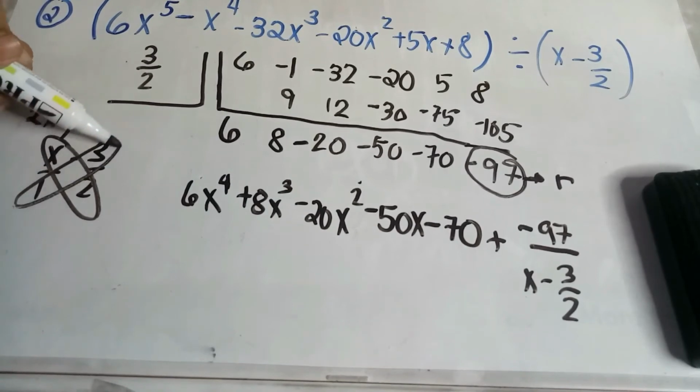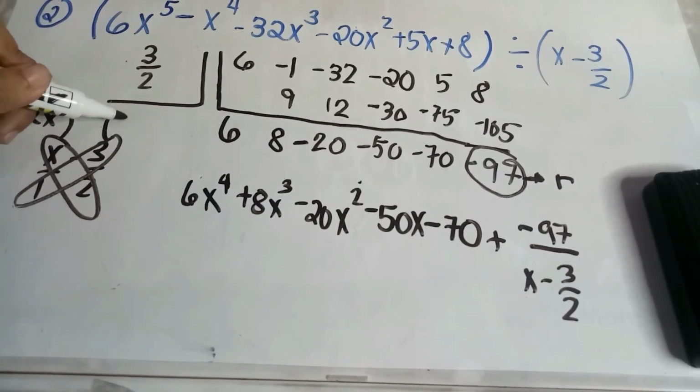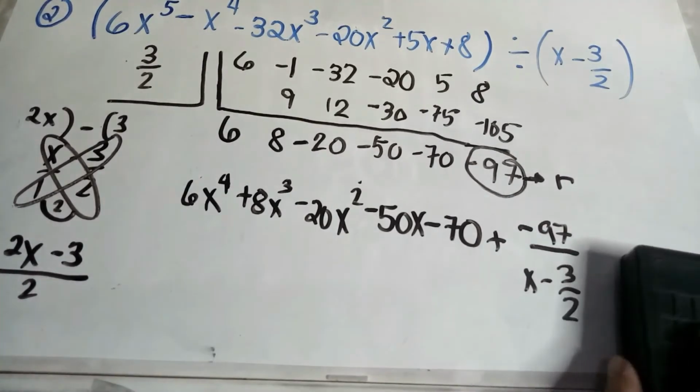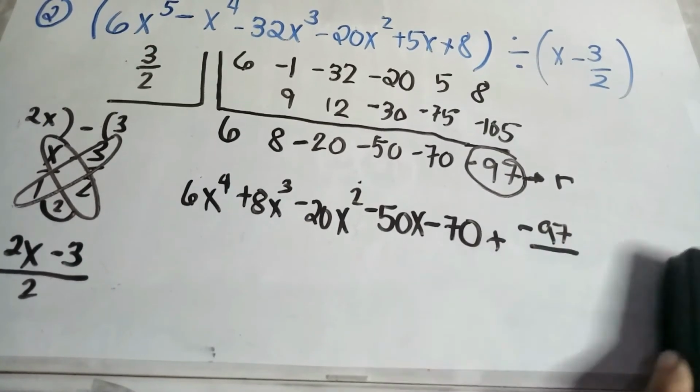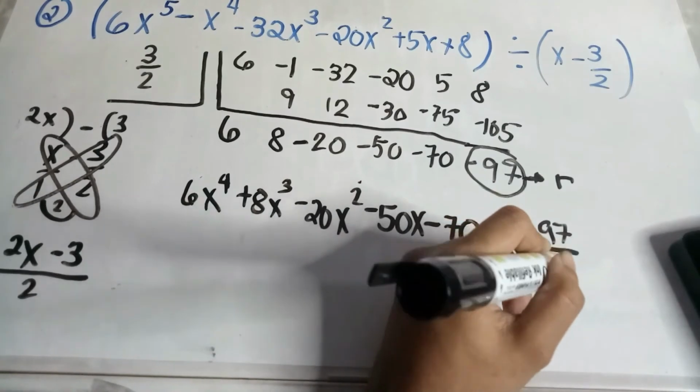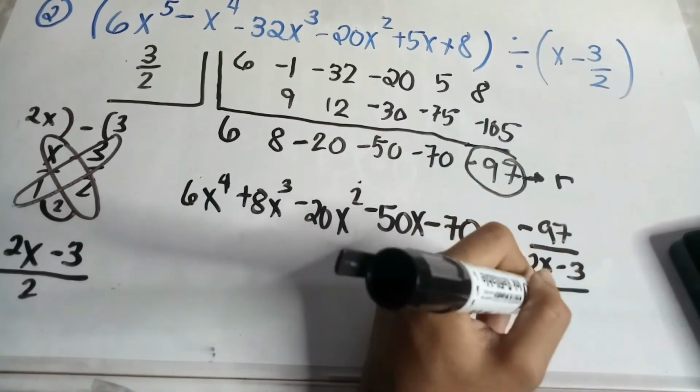Then 3 times 1, that is 3. Then minus, then 2 times 1 or 1 times 2 is equal to 2. So we have 2x minus 3 over 2. So let's write it here: 2x minus 3 all over 2.